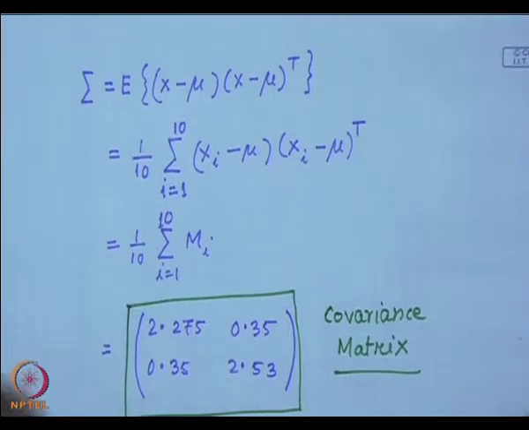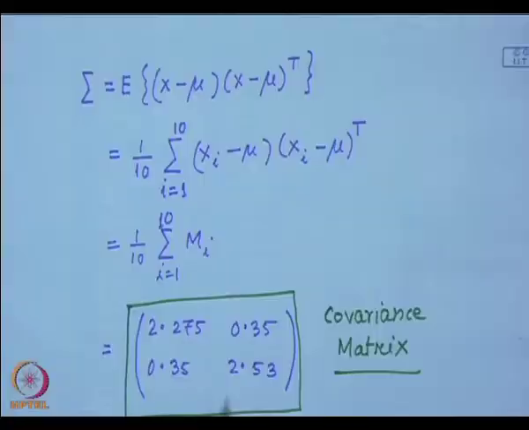Now, the next step that I have to do is find out the eigenvector corresponding to the maximum eigenvalue of this covariance matrix. So, first let us try to find out what will be the maximum eigenvalue, and then let us try to find out what will be the eigenvector corresponding to that maximum eigenvalue.